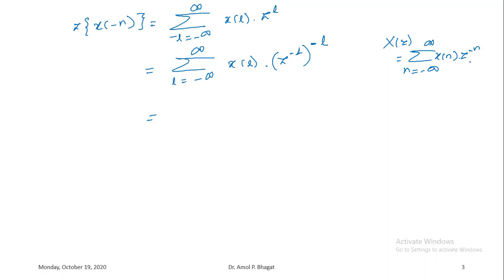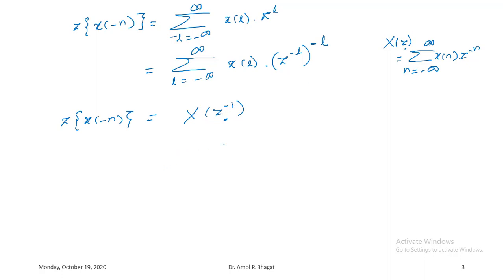So the remaining things are the same, and only in place of Z there is Z inverse. That means in place of Z we keep Z inverse, so it is nothing but X of Z inverse. So the Z transform of x of minus n is nothing but X of Z inverse. Simply you have to replace Z with Z inverse.